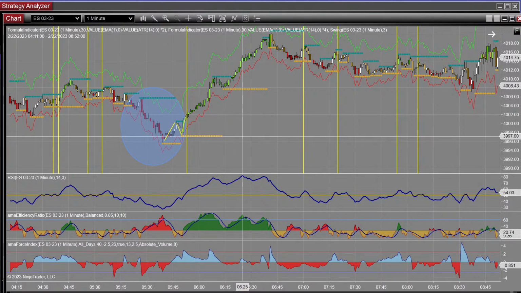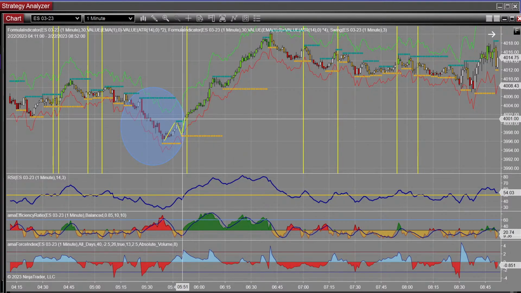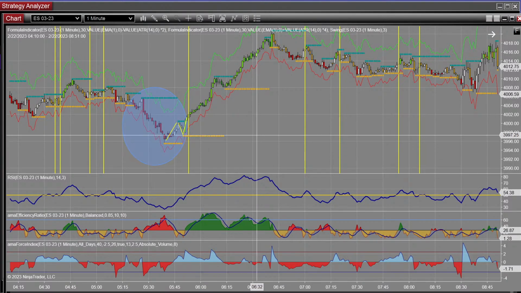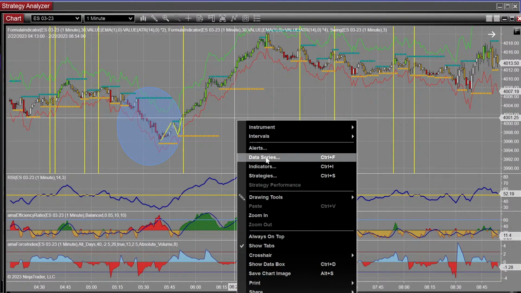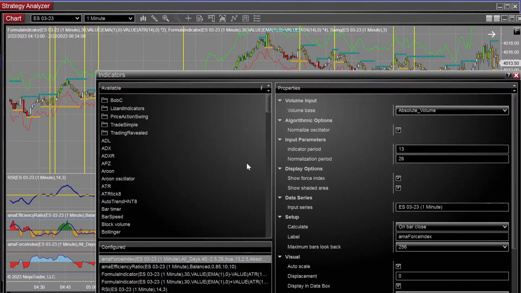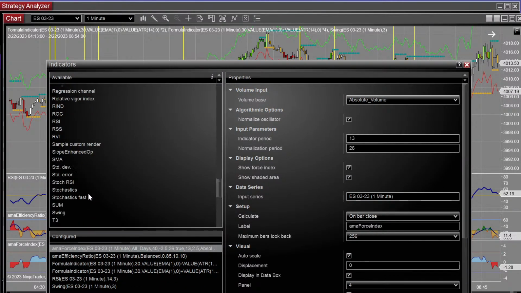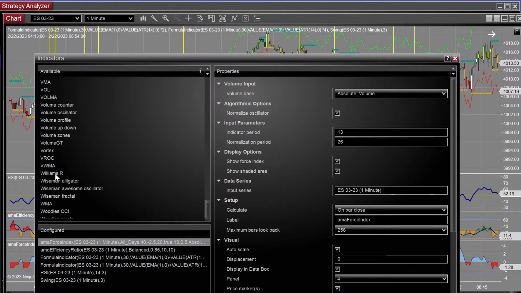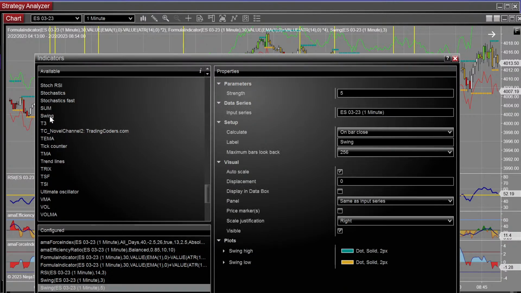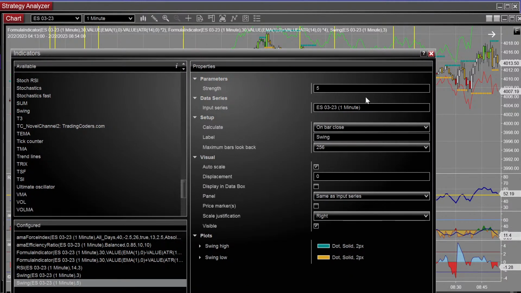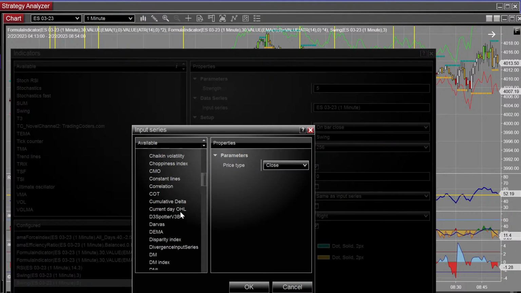You can almost see the little swing on the RSI as well, right before it crosses 50, in the same location, like that little thing. Oh yeah. What about the force index going above 0? Can you use that somewhere? You could actually, let me show you. You could take the swing.